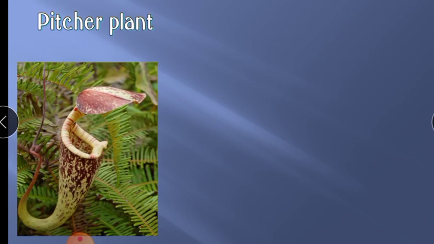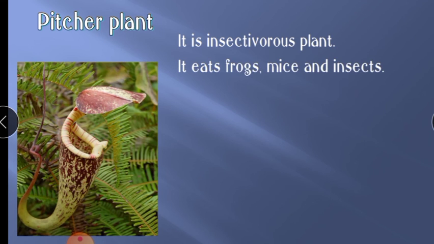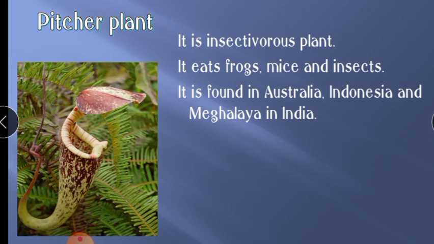So kids, what is pitcher plant? Pitcher plant is an insectivorous plant. What is the meaning of insectivorous? That means a plant that eats insects like frogs, mice and other small insects.